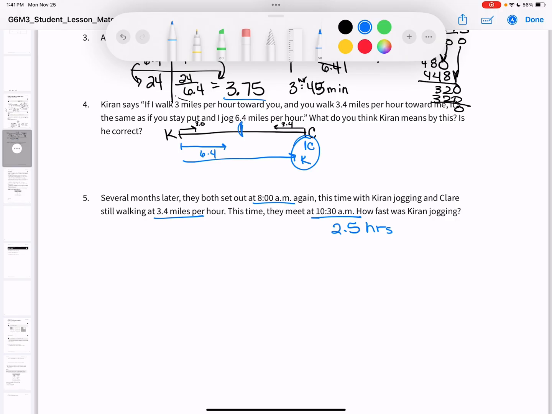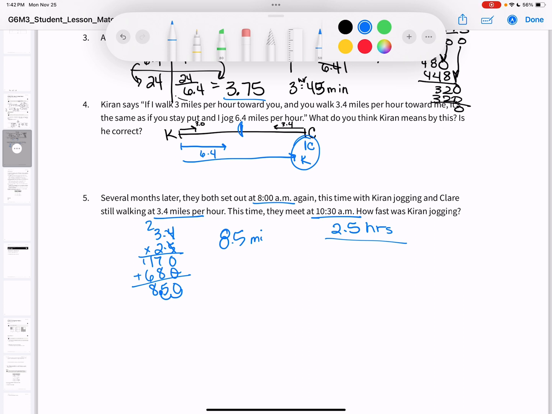So we need to know how far she's walking in the 2.5 hours. So we're going to do 3.4, which is her unit rate, times the hours it takes, 2.5 hours. So 5 times 4 is 20, 15, 17, that's 8, that's 6. And I have 2 numbers behind the decimal, so I'll move it over 1. So she goes 8.5 miles.